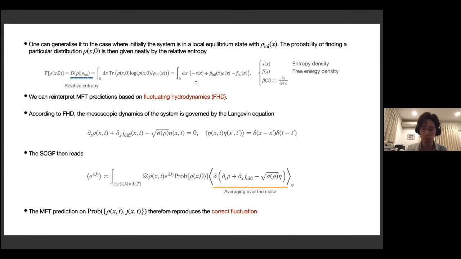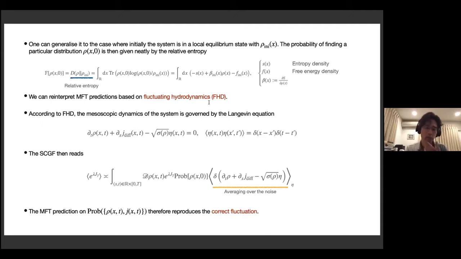And this is just a simple generalization of these considerations. So I'm just going to write down the final result, and actually it's neatly given by the relative entropy. But for later use, I'm going to write it in terms of the entropy density, free energy density, and a Lagrange multiplier defined in this way.